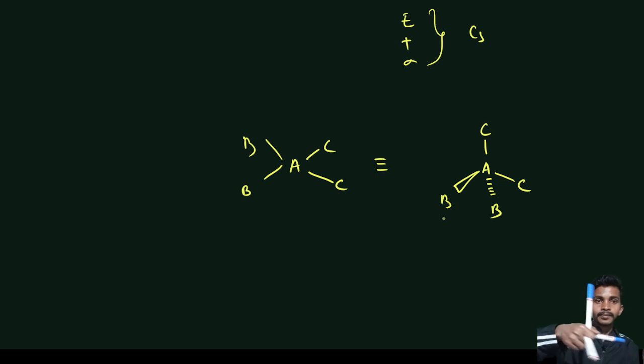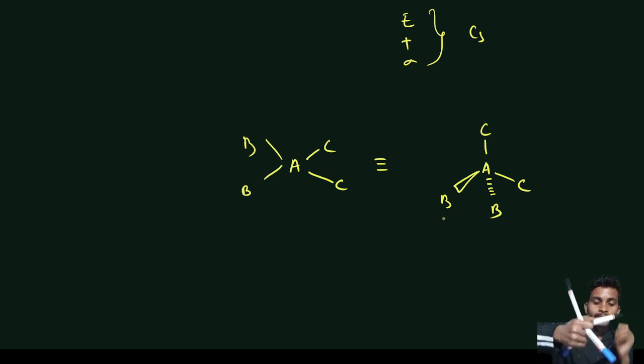If these and these are same and these are different, so this and these are same. So these are same and these are same.